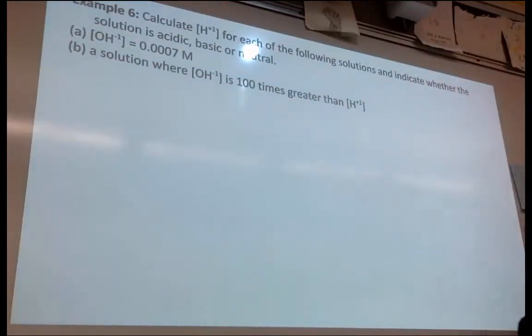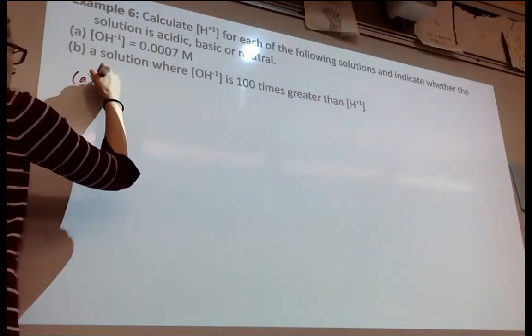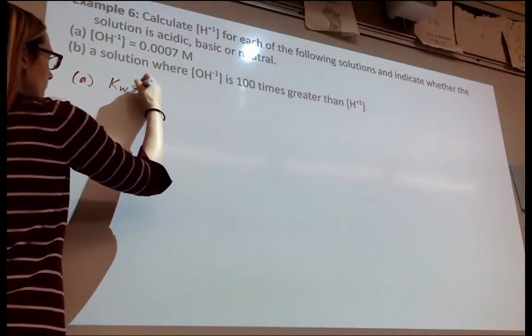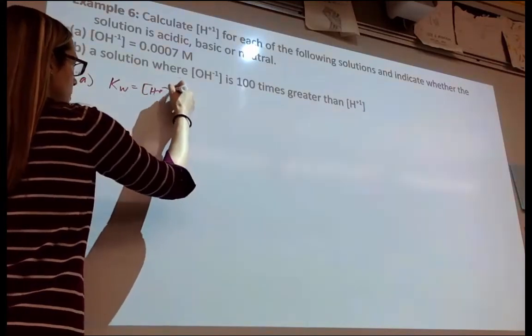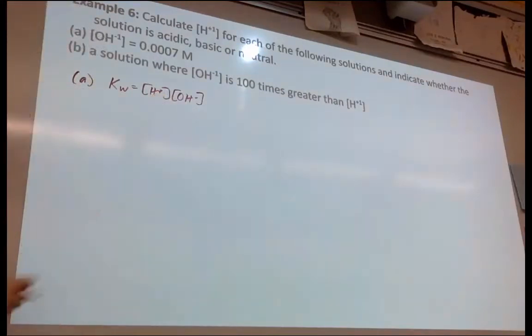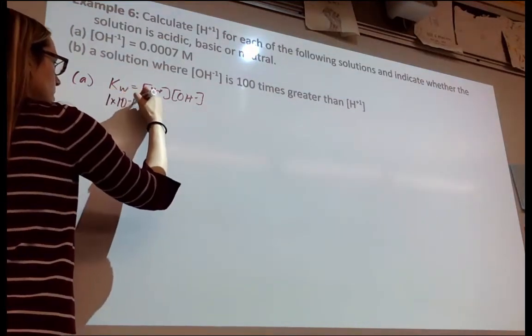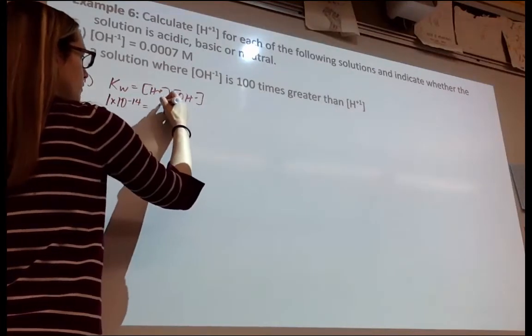So for A, they give you the OH minus concentration. They want us to calculate H plus. We know the relationship: KW is H plus times OH minus. When you are solving for one of these concentrations, use KW. Now we're assuming 25 degrees Celsius unless they tell us something else. The reason that's important is because KW is 1 times 10 to the negative 14.